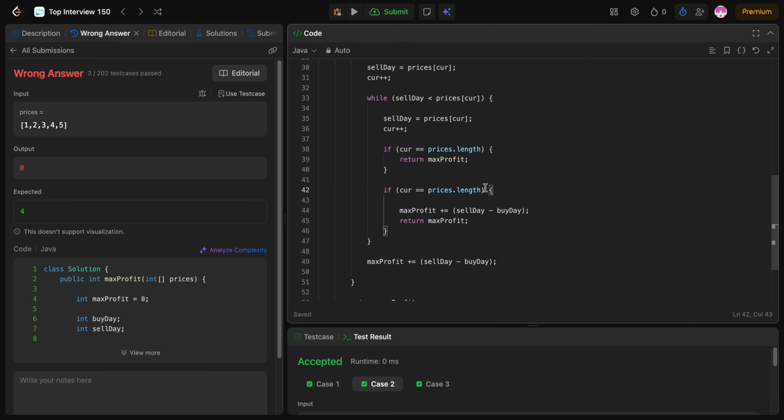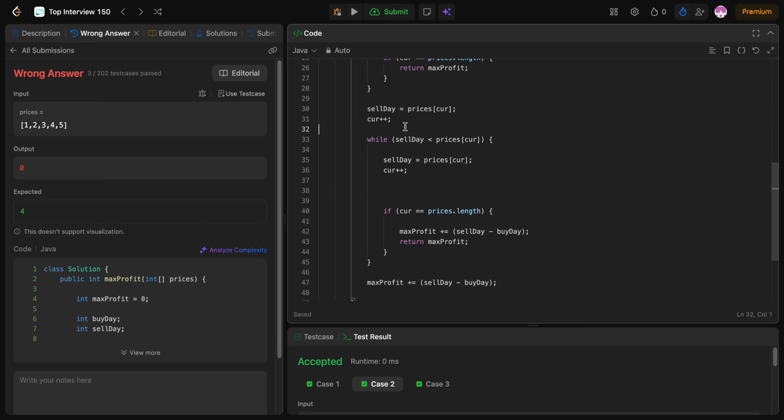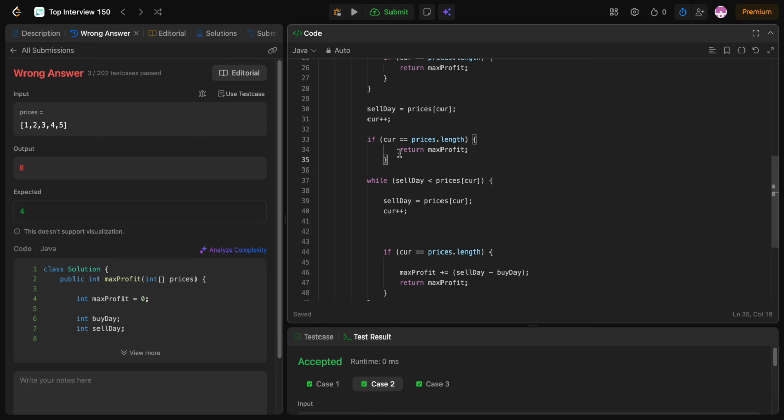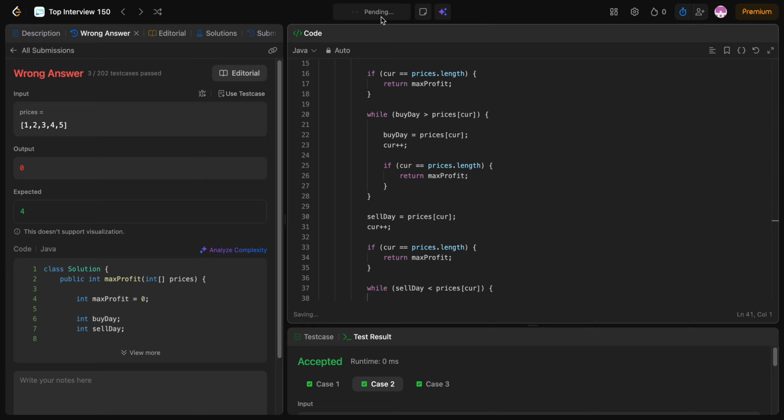Okay. Sorry, this is incorrect. This was not supposed to be here. This was supposed to be here before I enter that while loop. So yeah, let me do this.